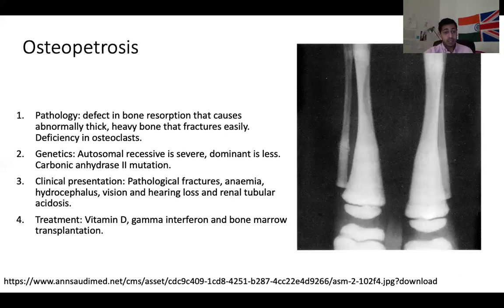It has also been linked to carbonic anhydrase 2 mutations, which I will discuss later on in the clinical presentation. So the first clinical presentation, because the bone is abnormally thick and very heavy, you may think that it wouldn't be easy to fracture, but it's actually the exact opposite. And it can cause pathological fractures.